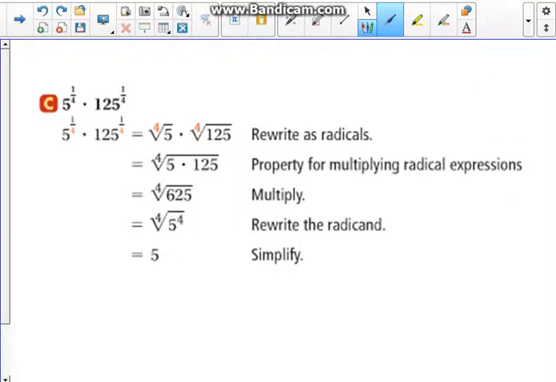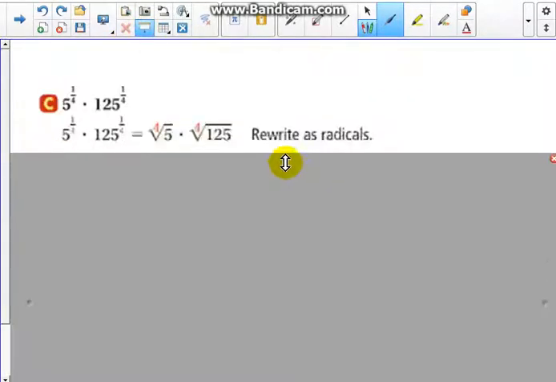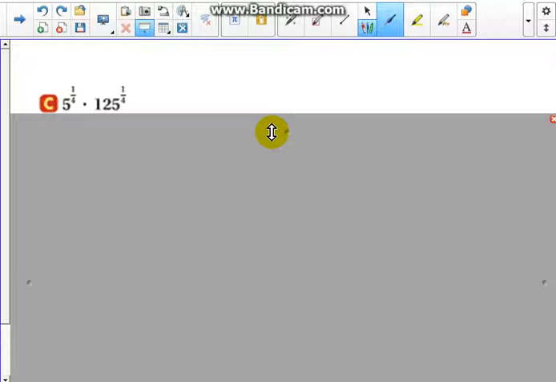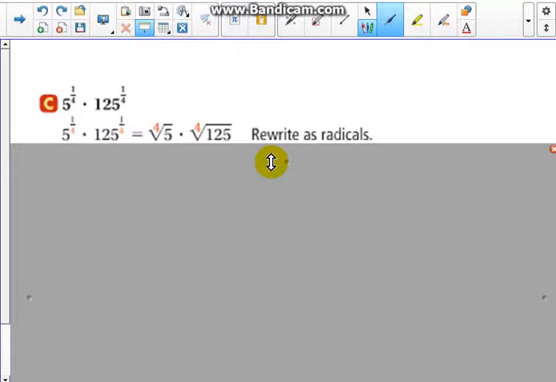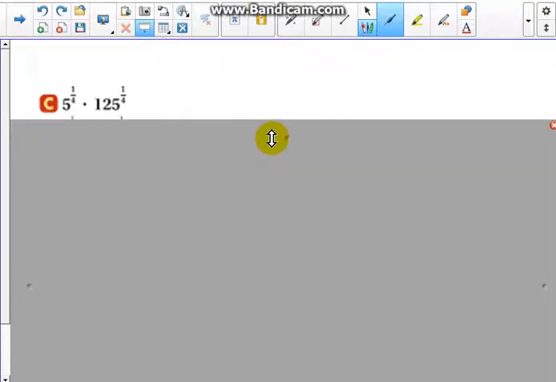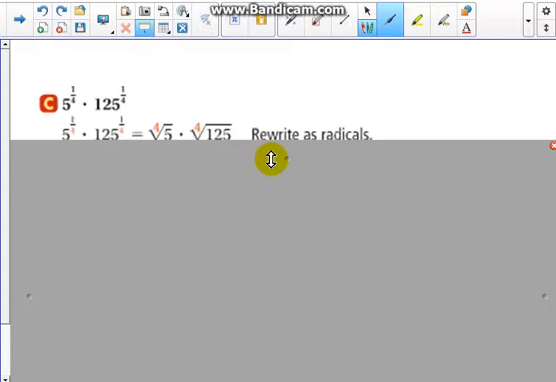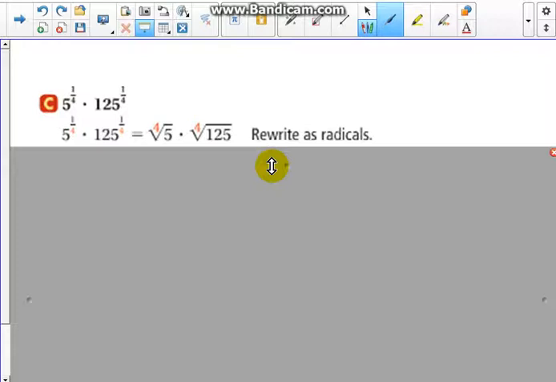There's one other problem I didn't show before I set you loose on your homework, and that is the 3rd problem here. When we're multiplying powers with fractional denominators, we can combine that. So we can say 5 to the 1/4 power is the 4th root of 5, and 125 to the 1/4 power is the 4th root of 125.